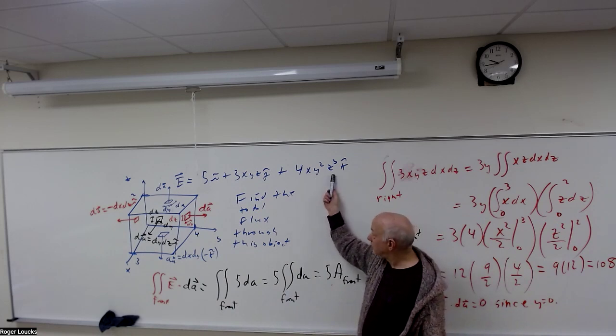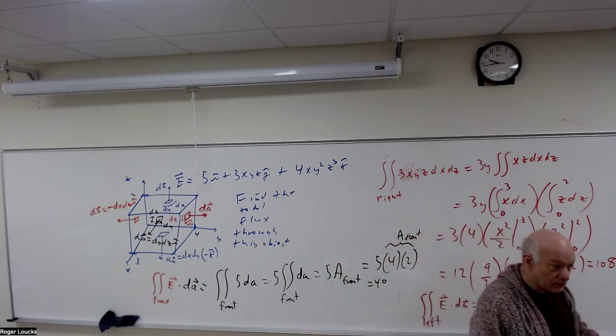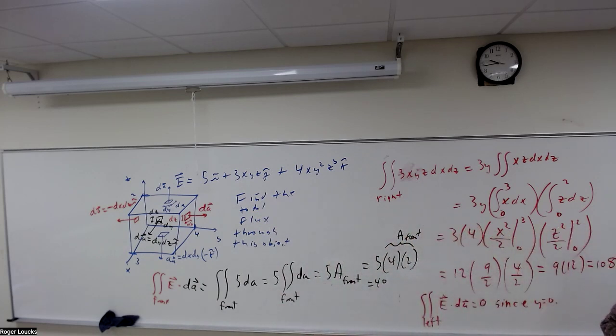On the bottom, the z is 0, and on the left, the y is 0. So they're 0. Well, what happens with the x direction? It's a constant. So you're not going to get the 0 coming in there. But I'm lazy. So what can I do? Same as. Almost. I almost like your answer.